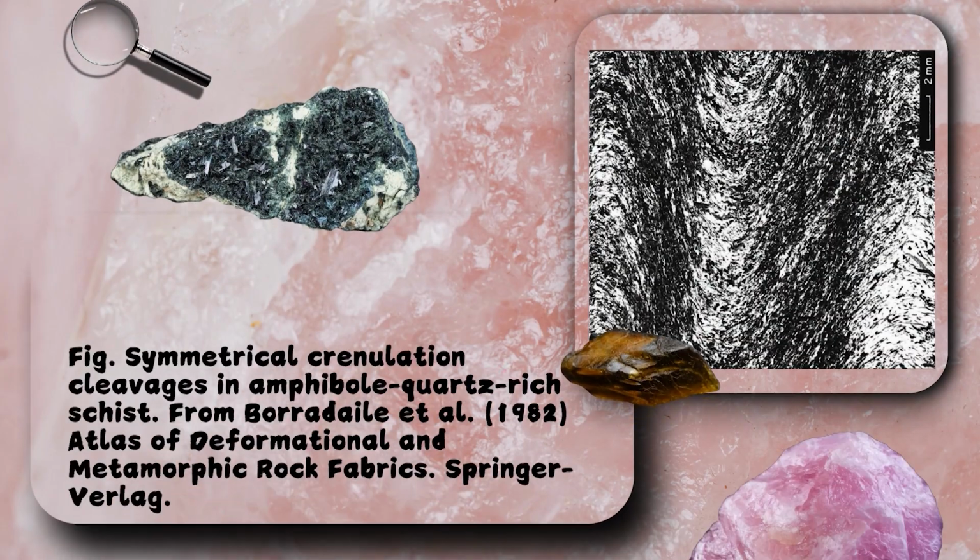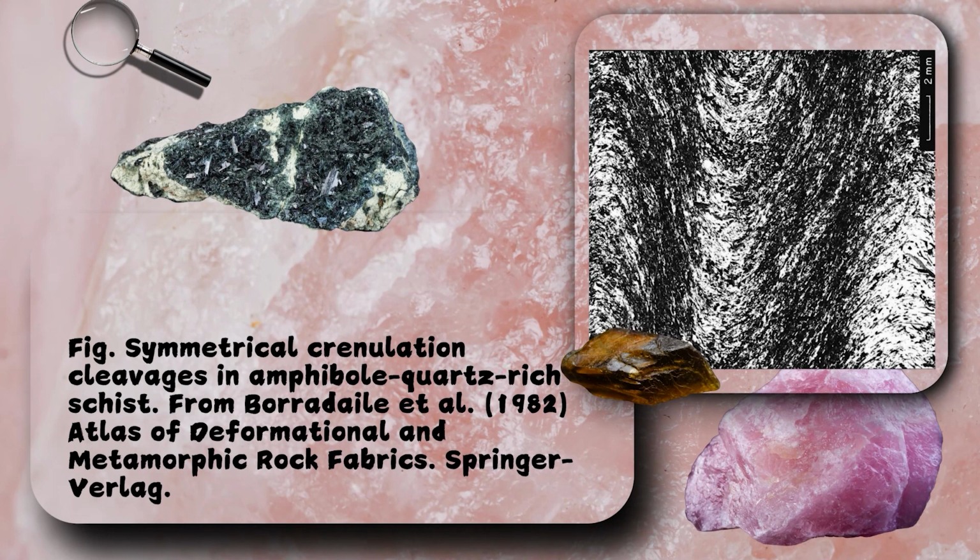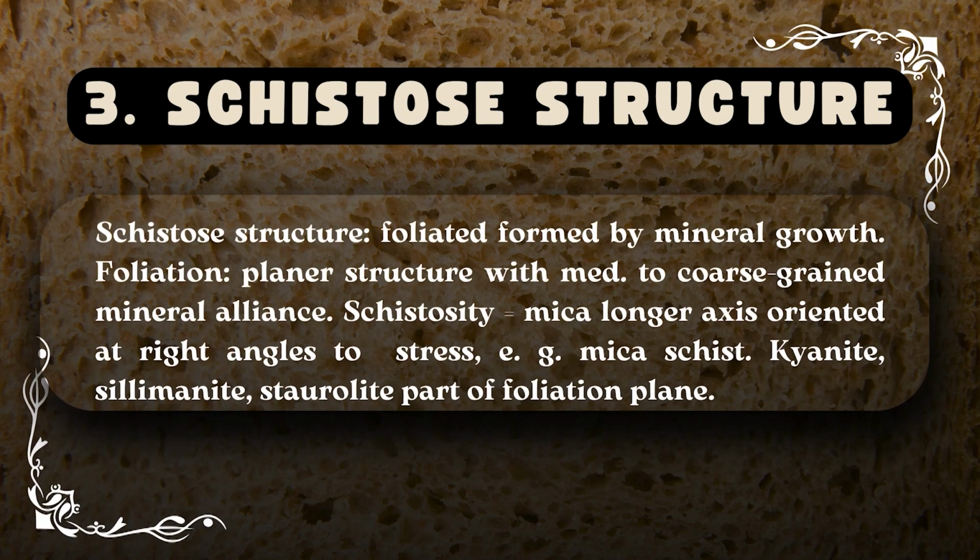Here is the diagram. It shows the symmetrical crenulation cleavage in amphibole quartz rich schist. Another diagram where asymmetrical crenulation cleavage in mica quartz rich schist is shown here. Next is number 3, schistose structure. Schistose structure is a foliated structure formed by mineral growth.